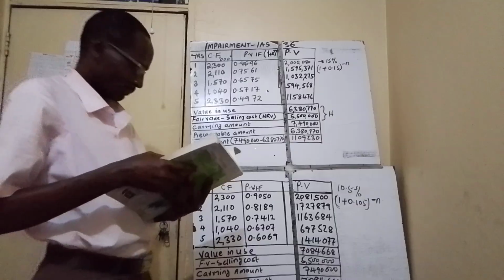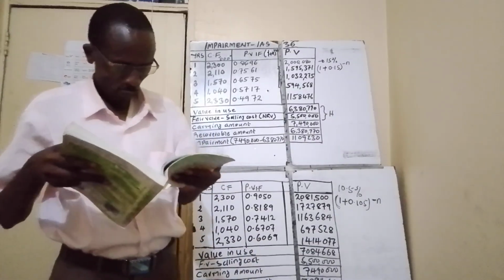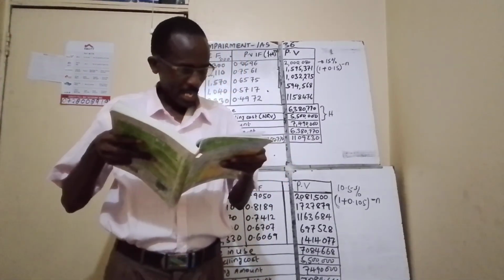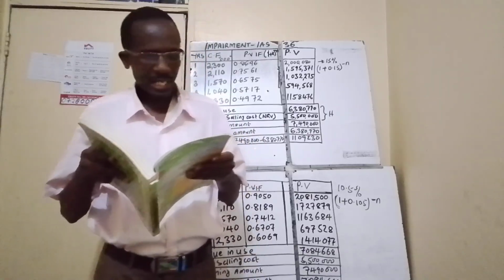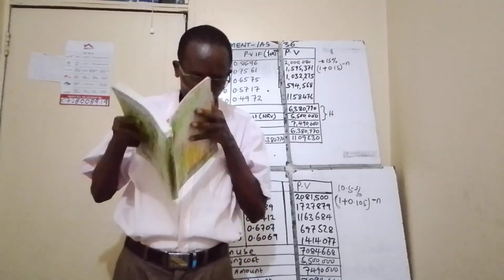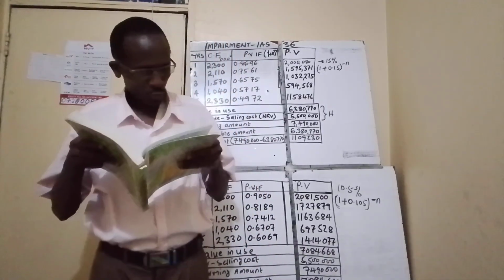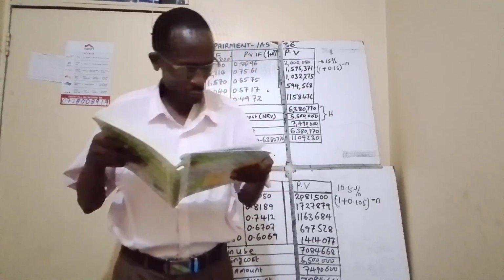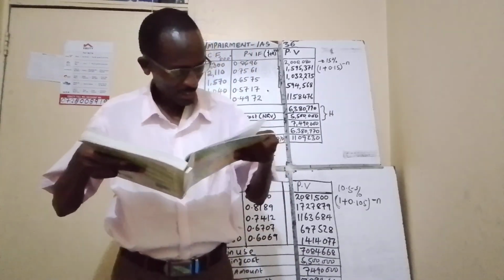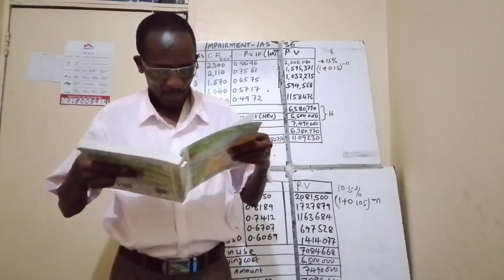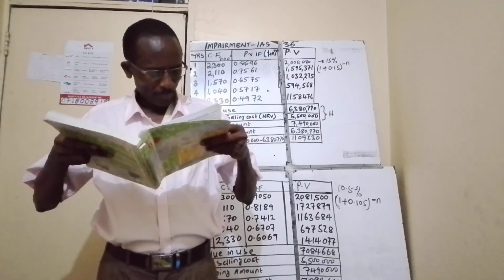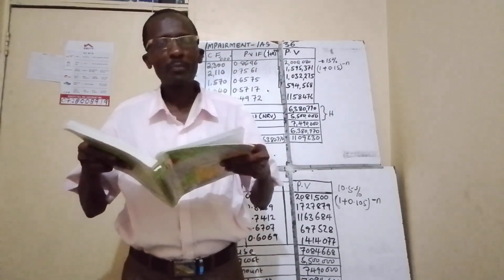Now, once you have that, the other thing is knowing that there are internal and external sources of impairment. I'll also show you some external sources and internal sources of impairment. Just let me present that one to you. Some external indicators of impairment.